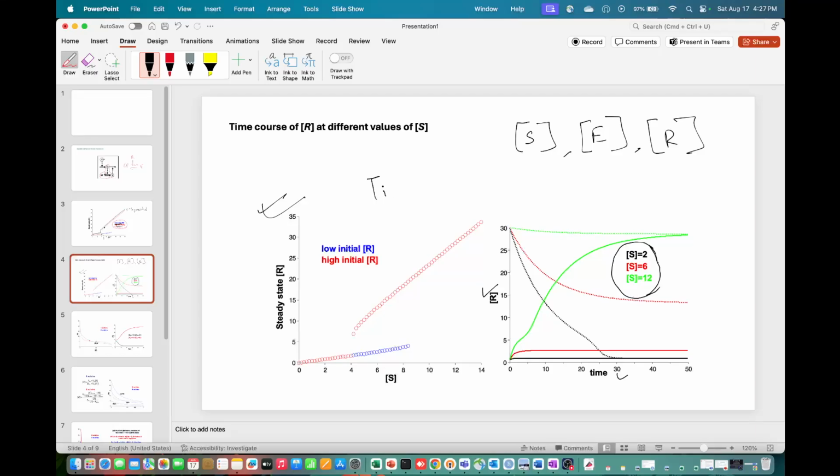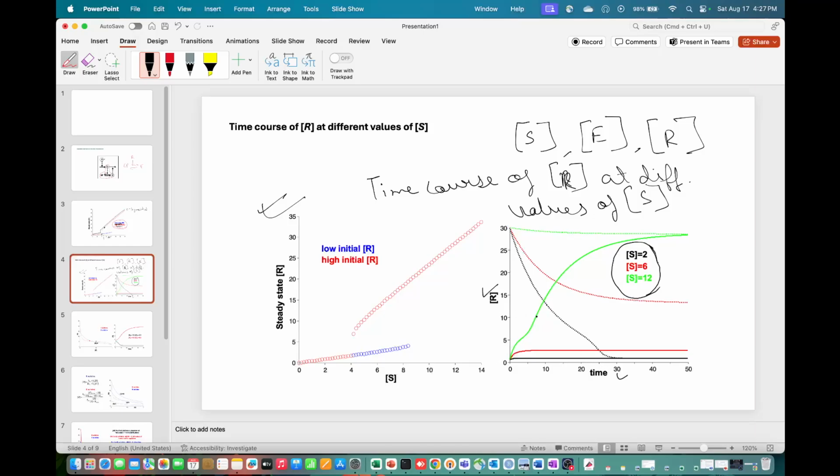So this is the time course of R at different values of S. The solid line is showing the formation of R. The dotted lines are showing the degradation of R depending on the values of S. Let's first notice the formation of R versus time.